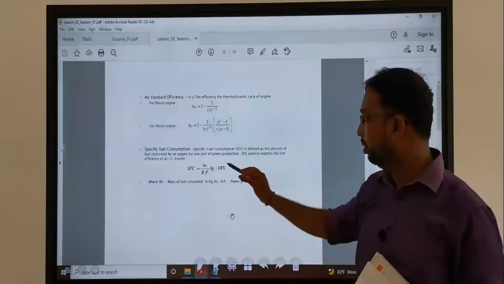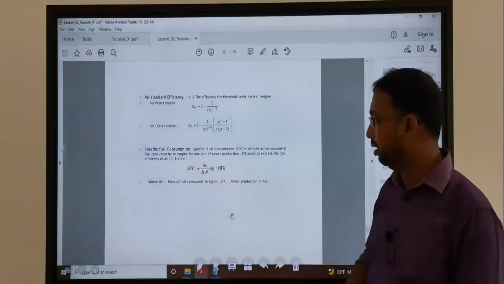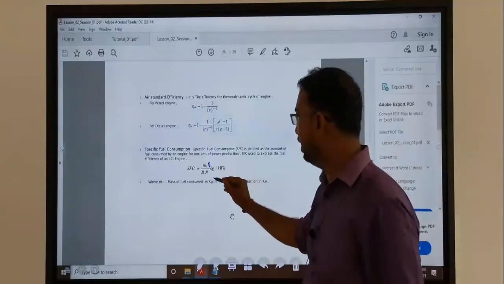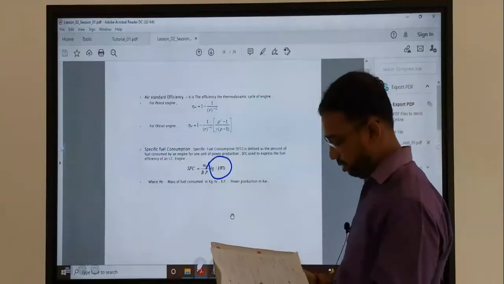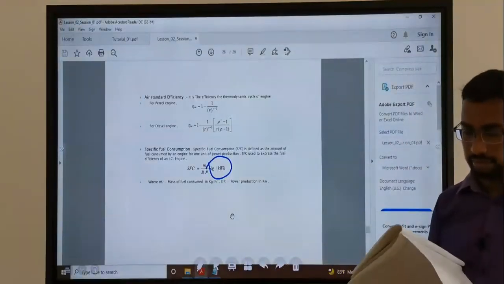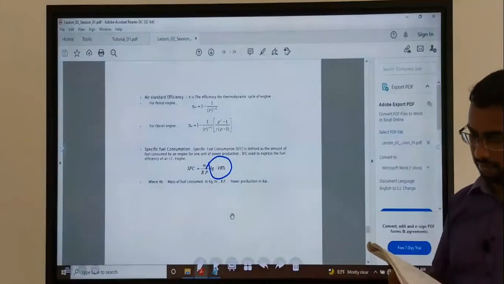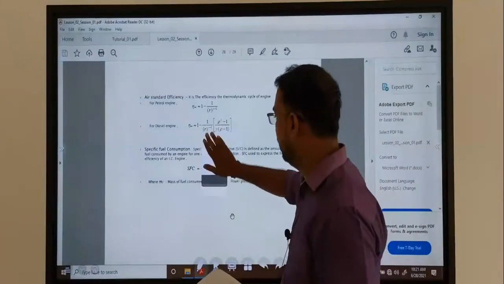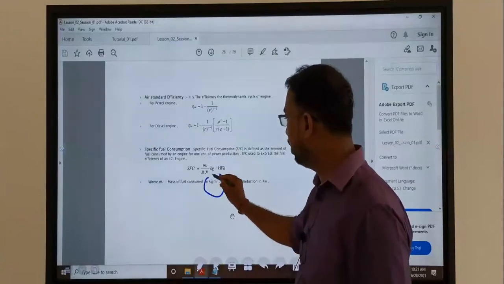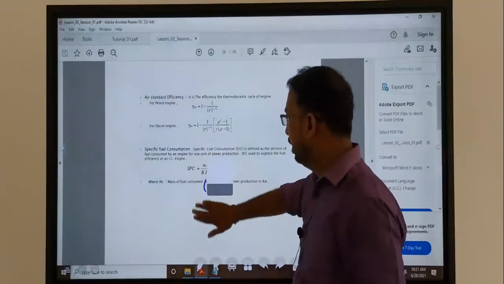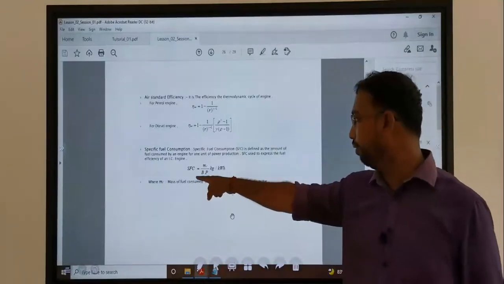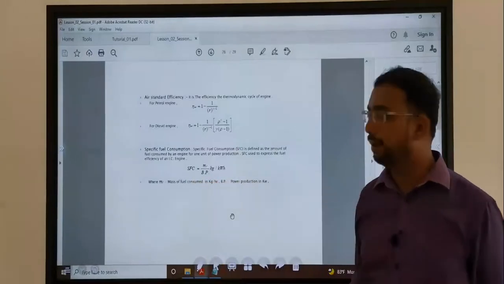So finally it comes to kilowatt per hour. Here I explain how this final value comes. Here the mass of fuel consumed means kilogram per hour. So in this equation we have to put the standard value of mass of fuel consumed, kilogram per hour.